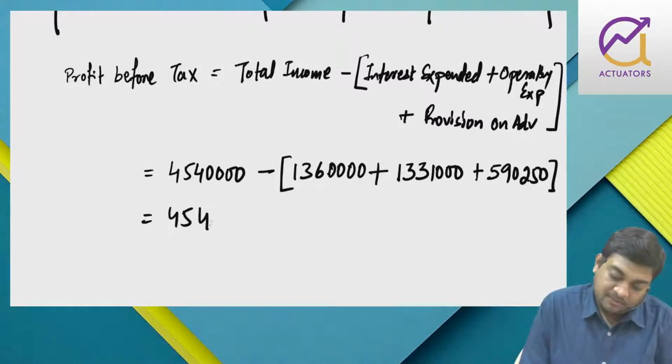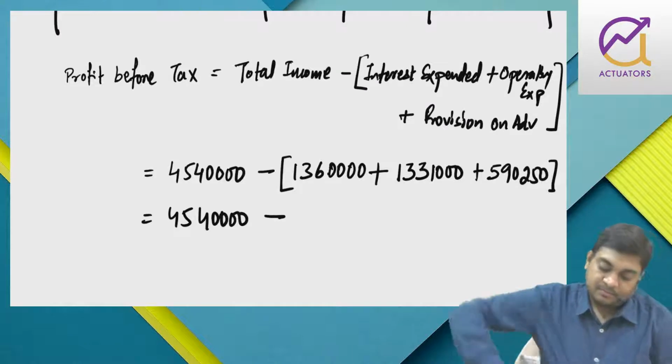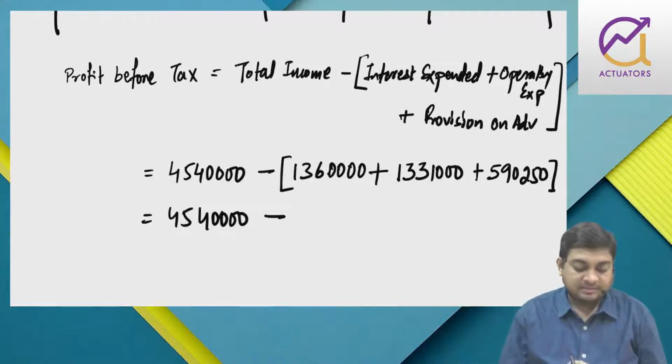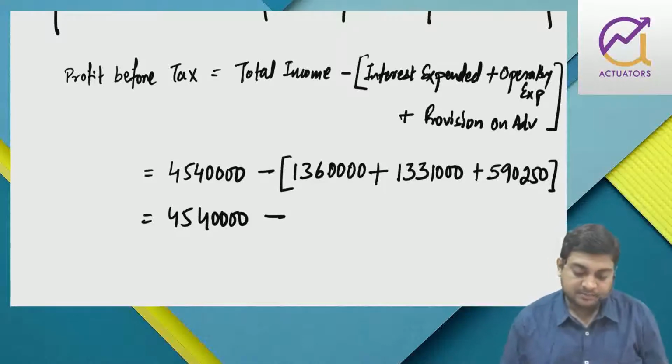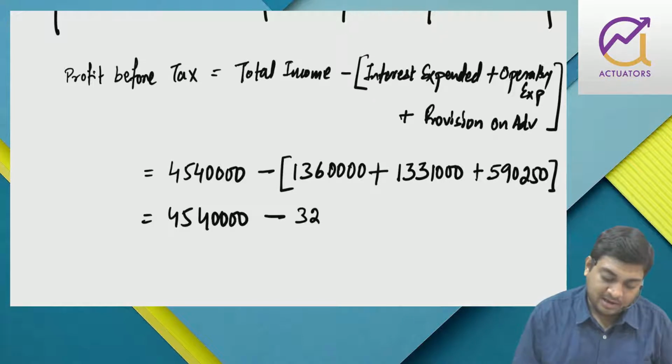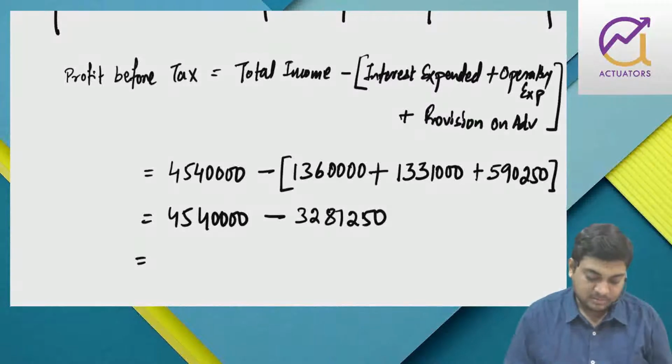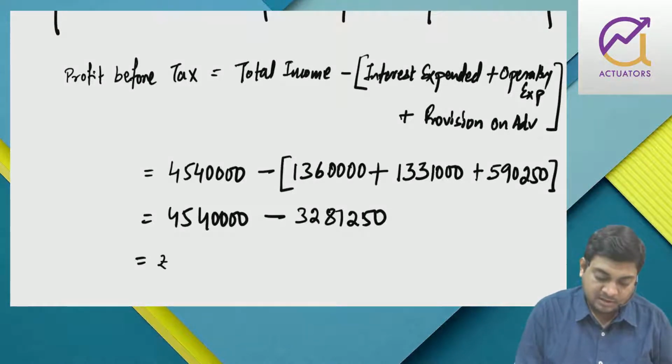So total income minus total expenses: 13 lakh 60 plus 13 lakh 31 plus 590,250, 32 lakh 81,250. So that is 12 lakh 58,750.